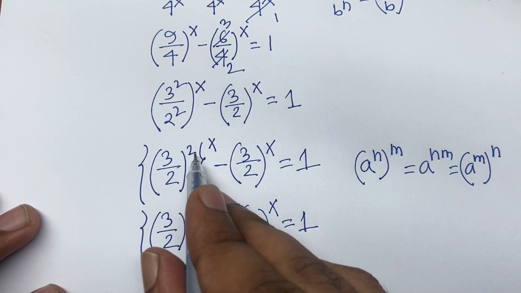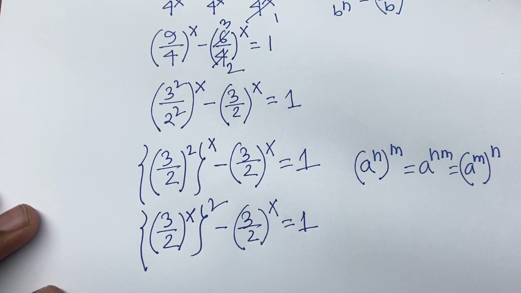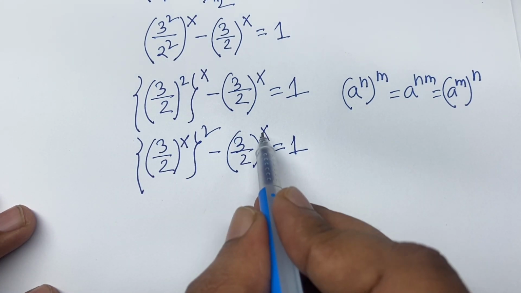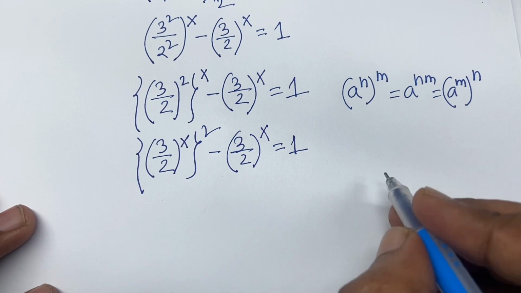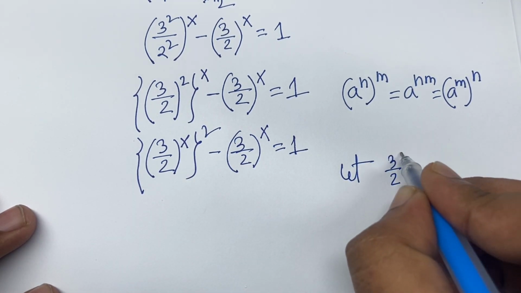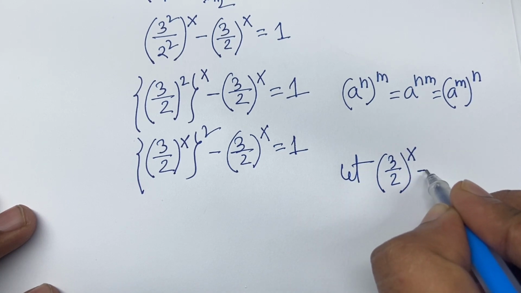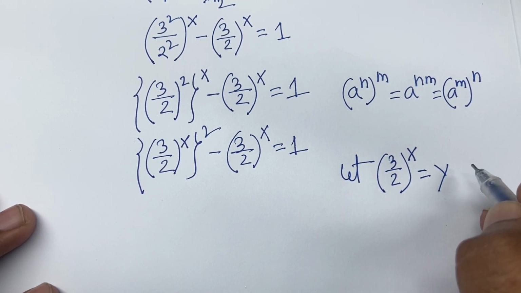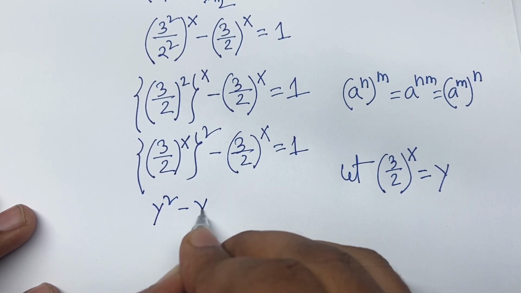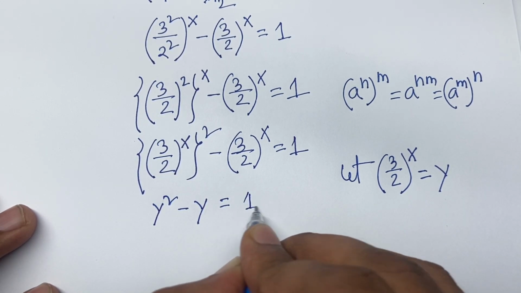I just move the exponent inside the bracket. Now here (3 over 2)^x and here (3 over 2)^x are the same. So this time I can say let (3 over 2)^x be substituted by y. So I can say y squared minus y is equal to 1.